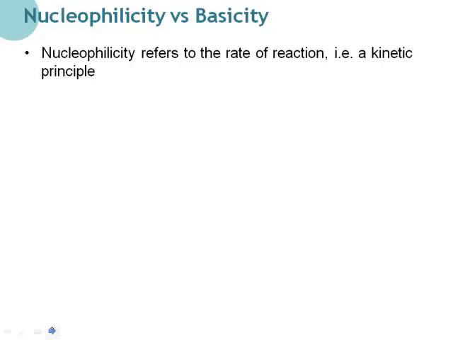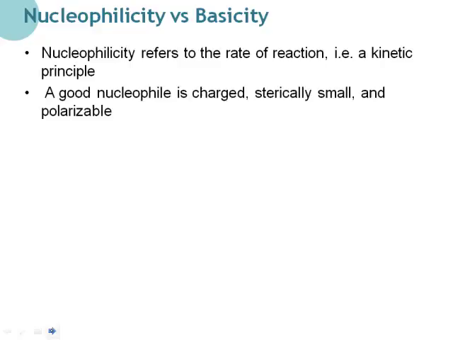If you want something to be nucleophilic, you want it to have a low activation barrier, and what makes something a good nucleophile is that it's charged, it's sterically small, and very important, it's polarizable. If you forget what polarizability is, it's the ability to distort the outer electrons of a substance.